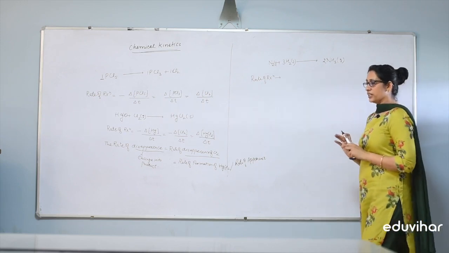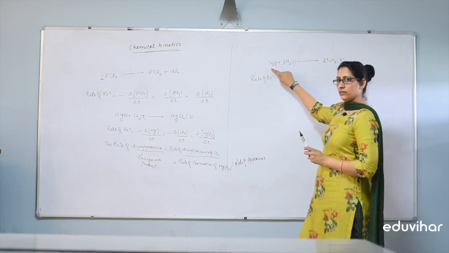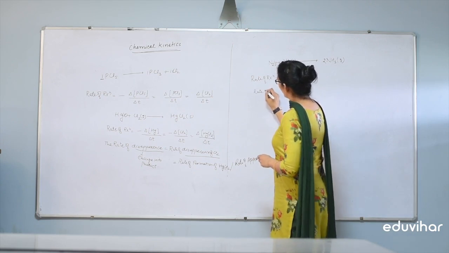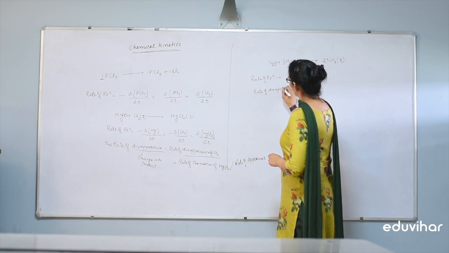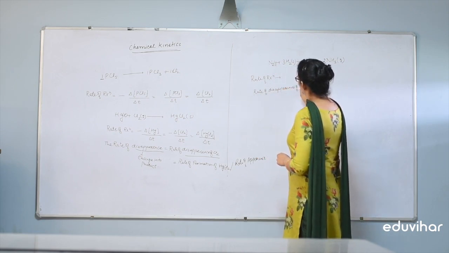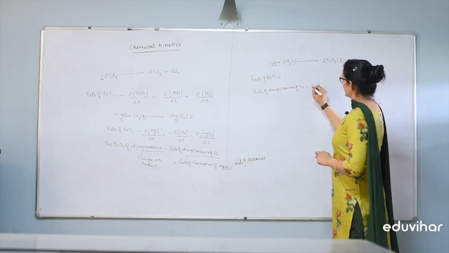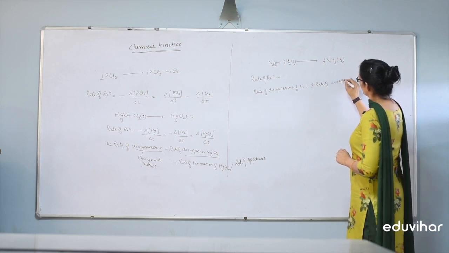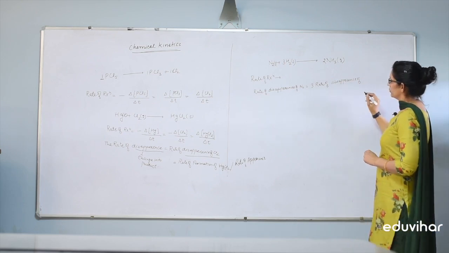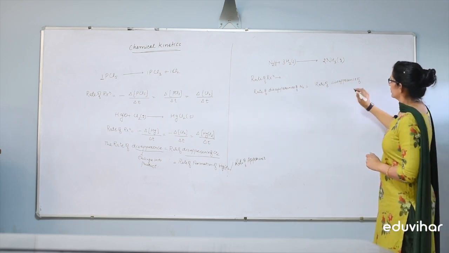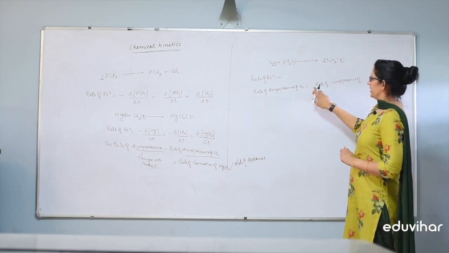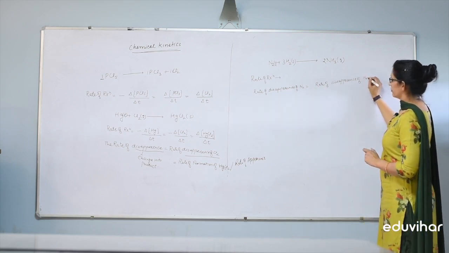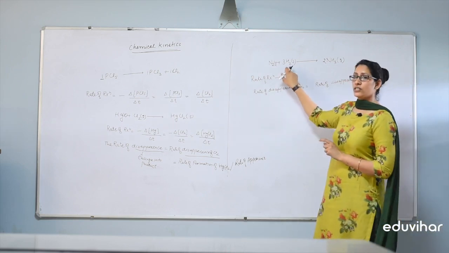It means what the reaction is saying in terms of rate of reaction. The rate of disappearance of nitrogen is equal to 3 times the rate of disappearance of hydrogen. No wait, the rate of disappearance of nitrogen equal to the rate of disappearance of hydrogen is not correct because 3 moles are being used.